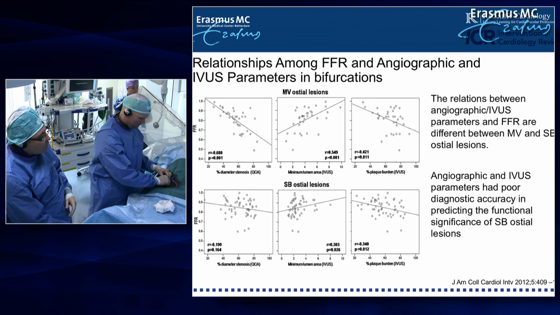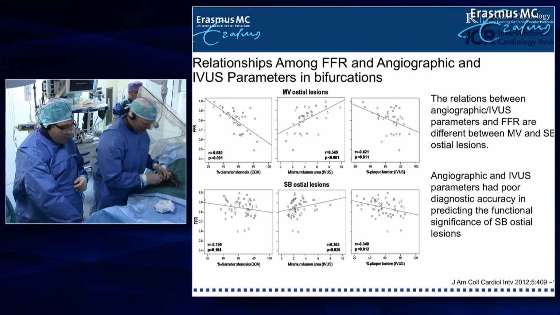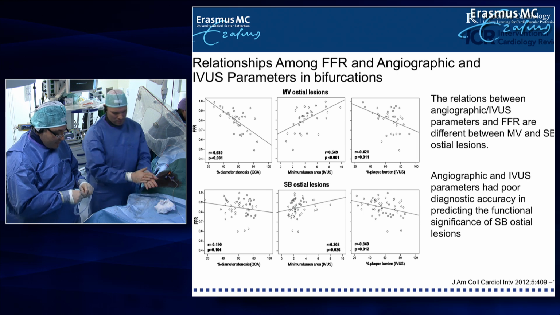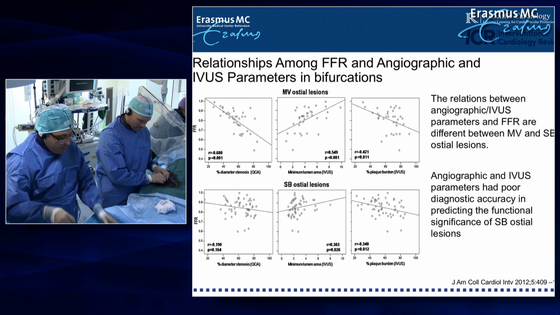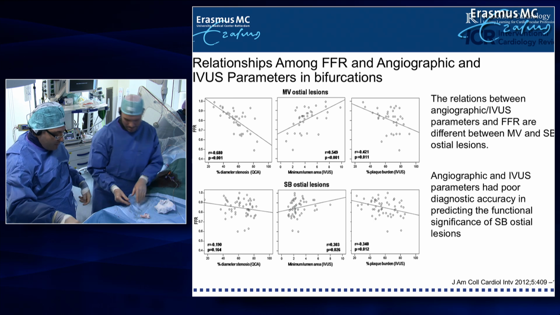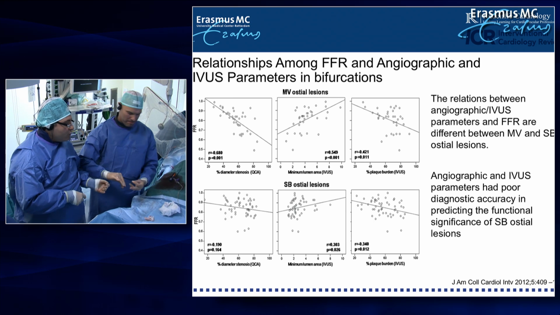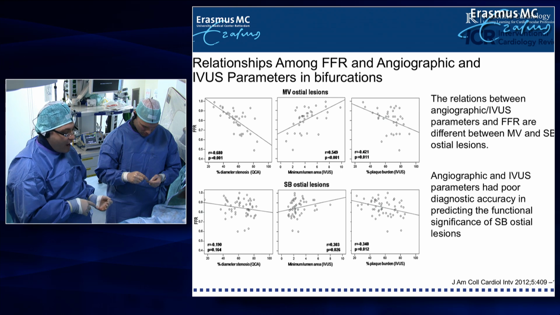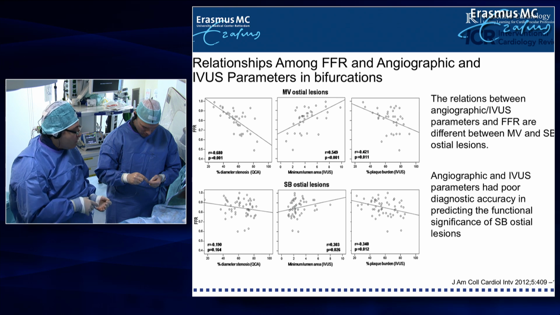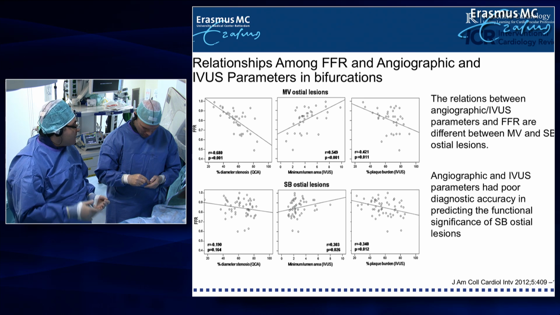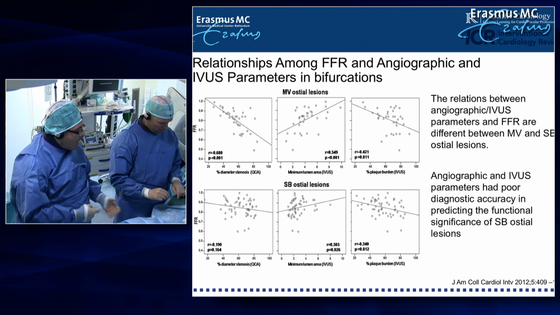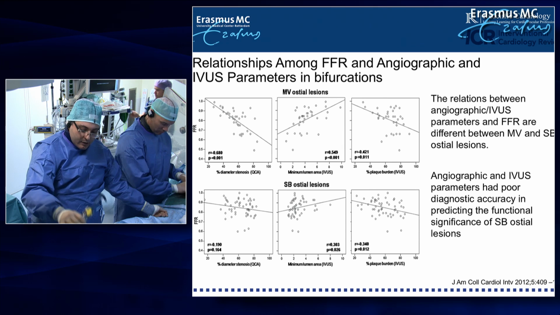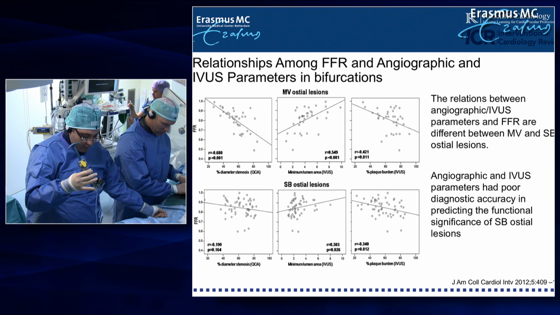And one is the one that we have here with this slide, where we can see that if we consider the main vessel of a bifurcation and we do FFR of the vessel and we compare with angio and with IVUS also, we see that, as we expect, there is a good correlation between our FFR data and our angiographic estimation of the lesion.